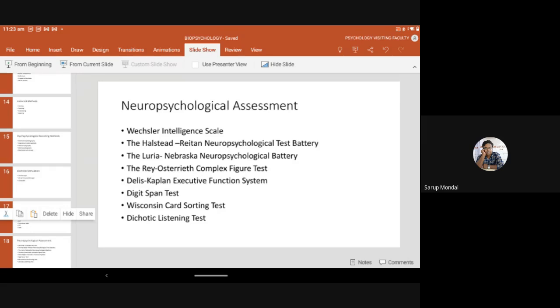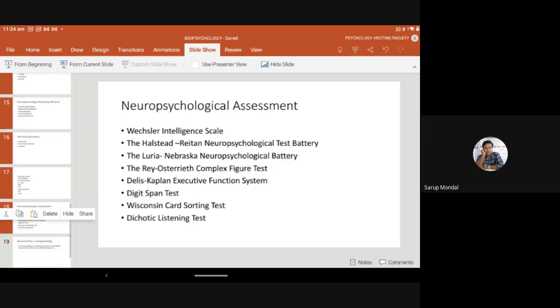That means if a person is blind and cannot see anything, this dichotic listening test is very important to assess mainly the language ability, in the standard dichotic listening task. That means how he or she is hearing any sound and how he or she is responding. So this is another important test of neuropsychological assessment.